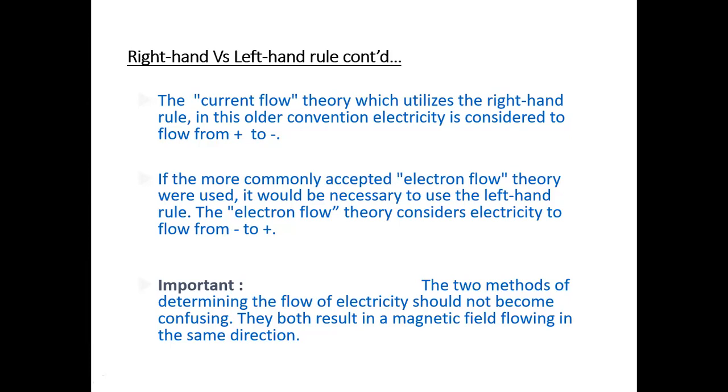They both result in the magnetic field showing in the same direction, because either electron flow or current flow doesn't matter for us, since the magnetic field is always perpendicular to the direction of flow. It doesn't matter if electrons flow from negative to positive or current flows from positive to negative.